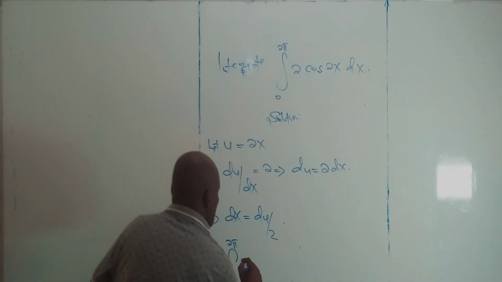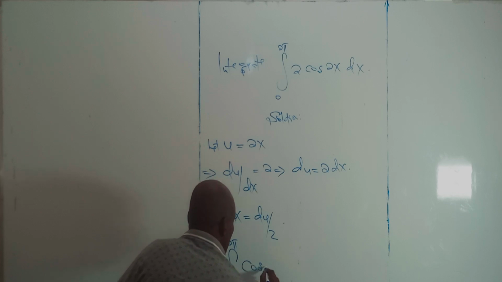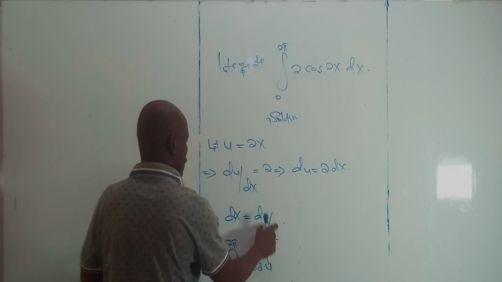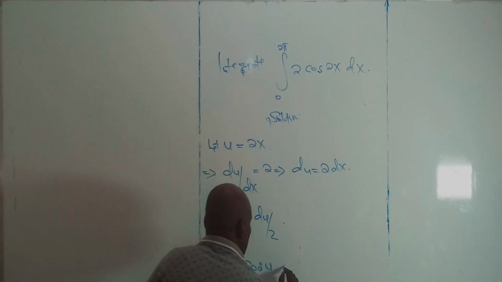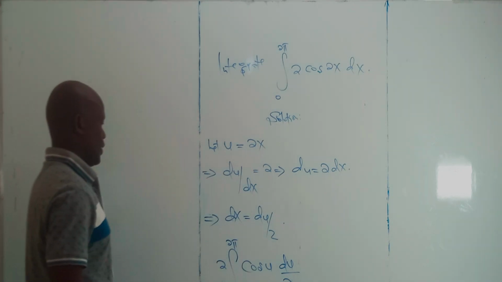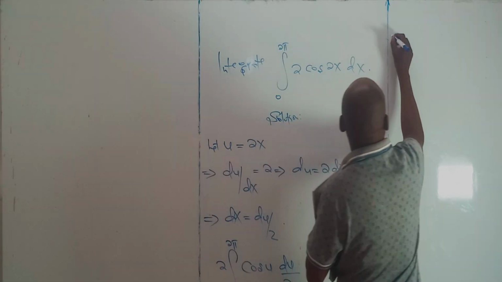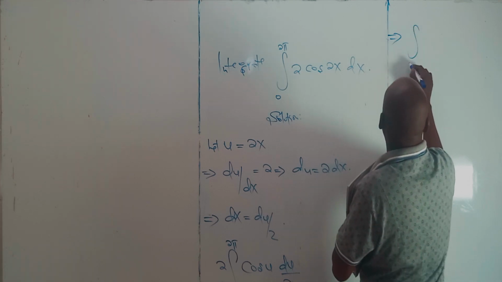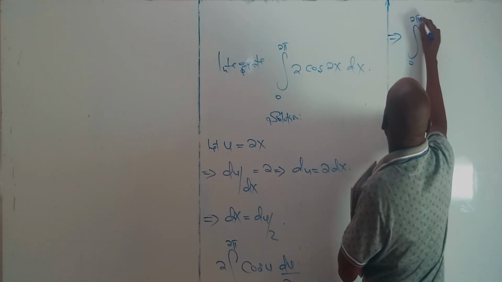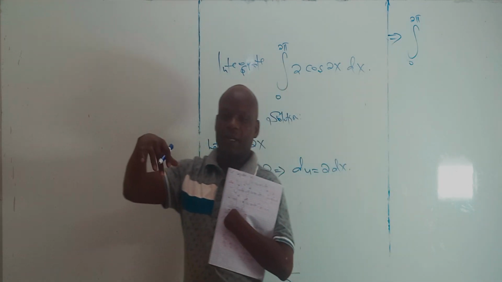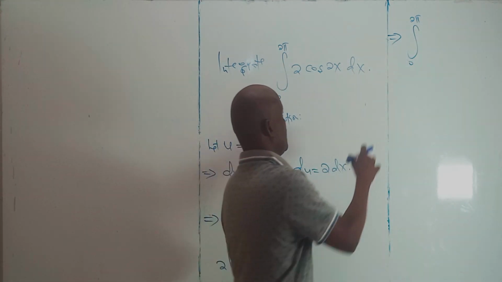So I'll say 2 into cos of u, and where there's dx, I put du over 2. If the integral is 0 to 2 pi, that should be one period.